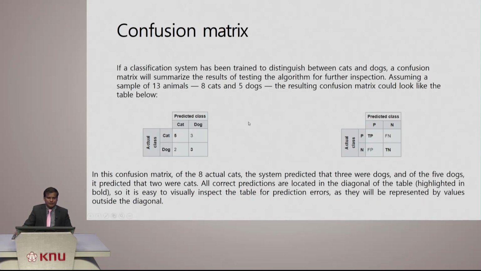So if a classification system is trained to distinguish between cats and dogs, a confusion matrix such as this can summarize the results of testing the algorithm for further inspection. Let's assume that we have 13 samples. You have 8 cats and 5 dogs, and you have the resultant confusion matrix that looks like here.